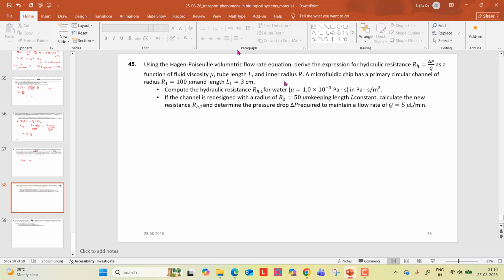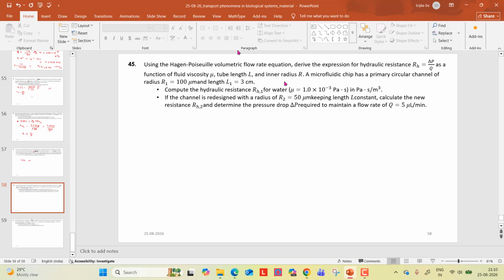Using the Hagen-Poiseuille volumetric flow rate equation, derive the expression for hydraulic pressure resistance RH, delta P by Q, as a function of fluid viscosity, tube length, and inner radius.